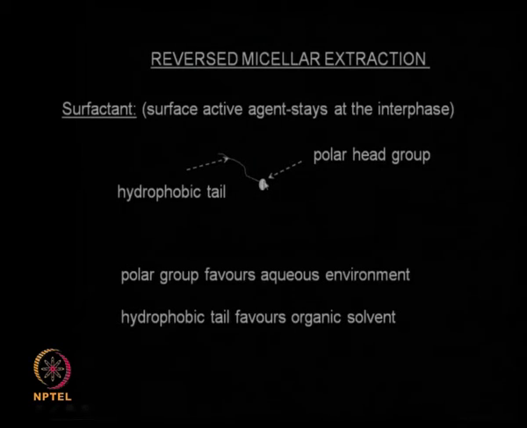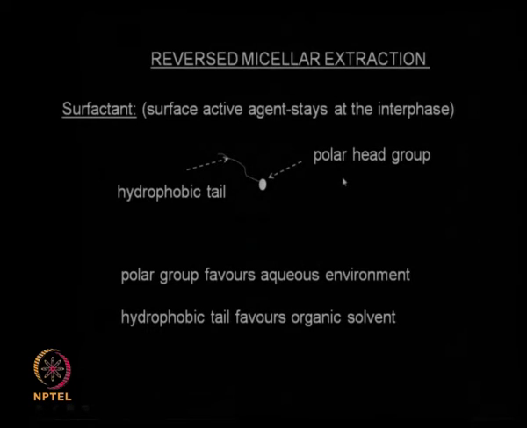A polar head group could be an OH, or a nitrogen, or some sort of an ion, and then it will have a hydrophobic tail. The hydrophobic tail could be a small C8 hydrocarbon, it could be C12, it could even be C18. There are surfactants which have very long hydrophobic tails.